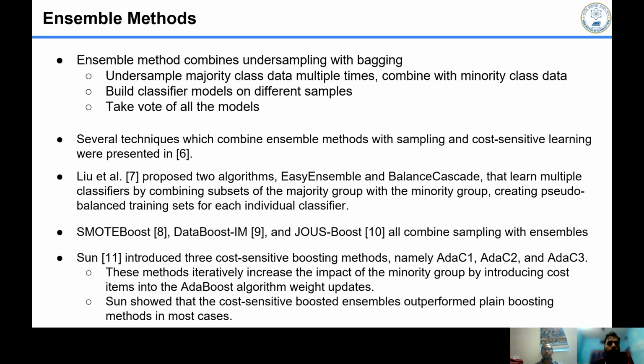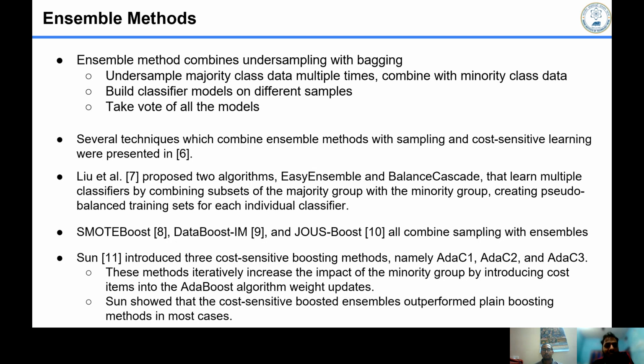If we look at the high level steps involved in ensemble, there are basically three steps. One is where you do undersampling of the majority class, you combine it with minority class observations, and then you build multiple classifiers, and then you take a vote of all those classifiers that you have built.